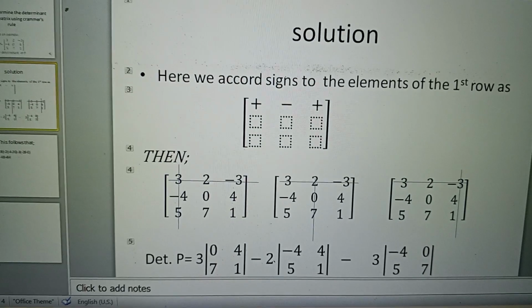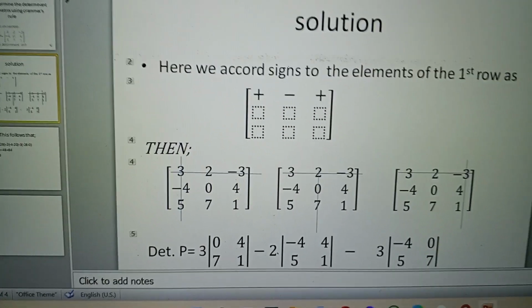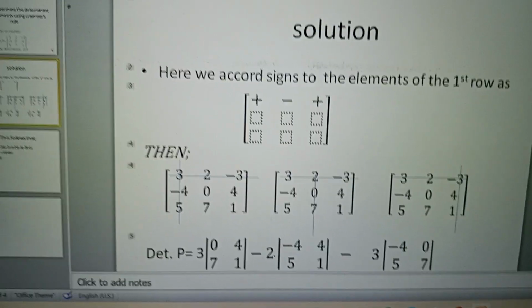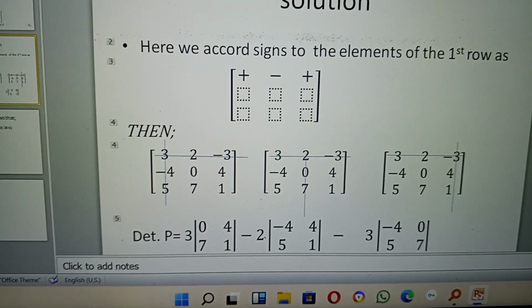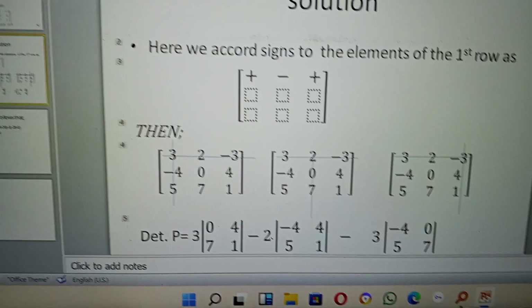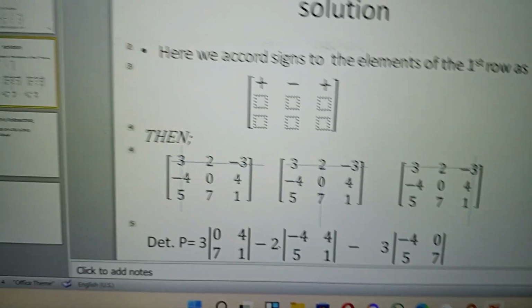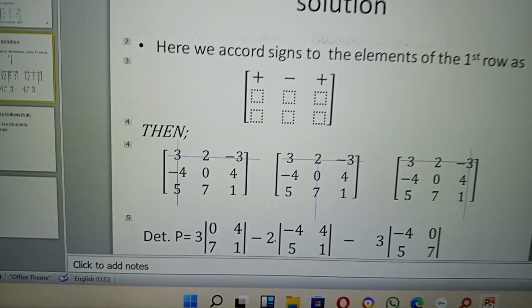Now, the 3 is taken as a scalar. We multiply the scalar with the determinant of that minor matrix. That's why I'm having here 3 into 0, 4, 7, 1.